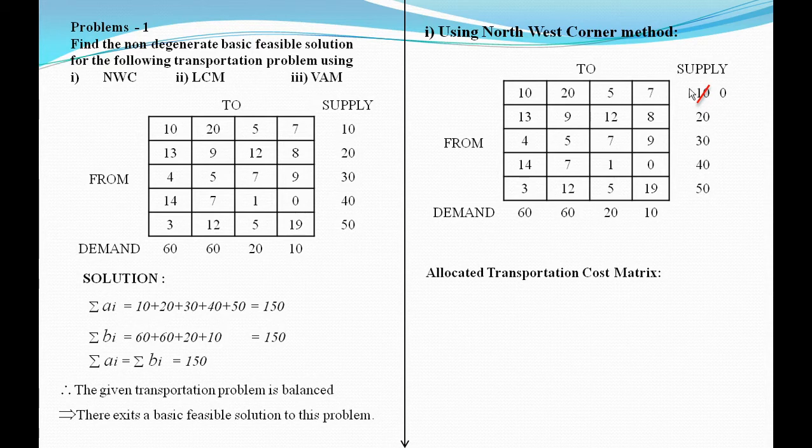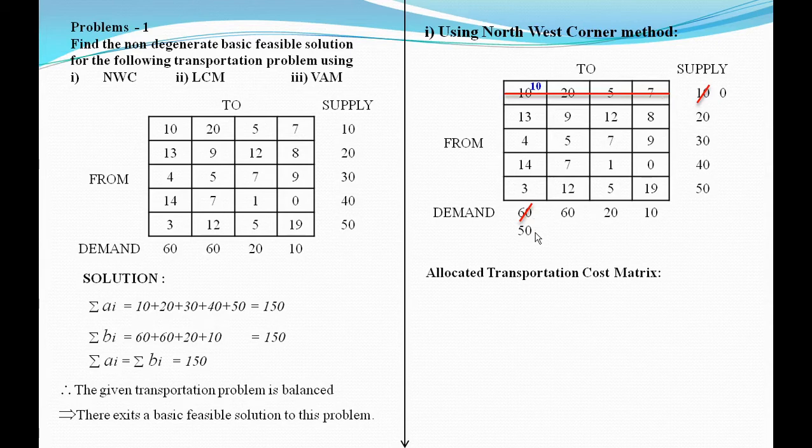If I reduce the 10 here, the 60 is also reduced to 50. Now the one that becomes 0 is to be cancelled. So after allocation of the 10, that row should be cancelled because 0 is available there.